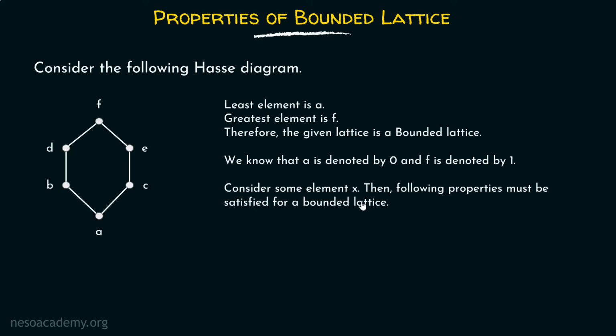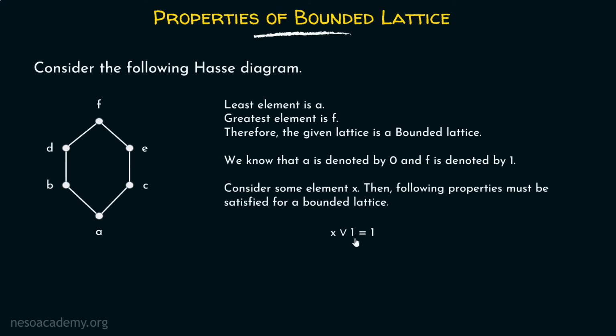First we will consider some element X. Now the first property is X ∨ 1 is equal to 1. What do we mean by this? This means least upper bound of X, 1 must be equal to 1. In this Hasse diagram, 1 is F, right? 1 means greatest element.